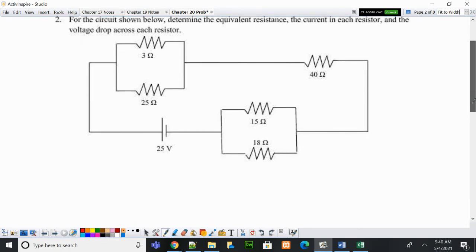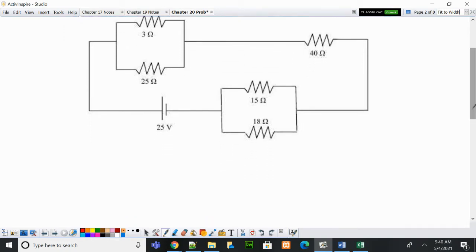Because they are in parallel, 1 over the equivalent resistance of the 3 and the 25 is found by adding 1 over 3 plus 1 over 25.